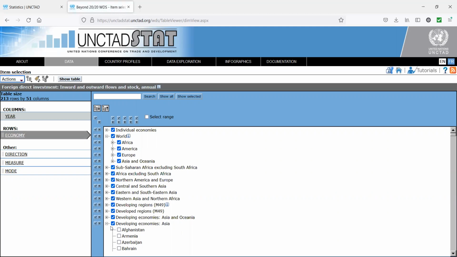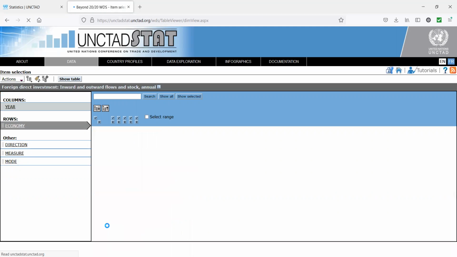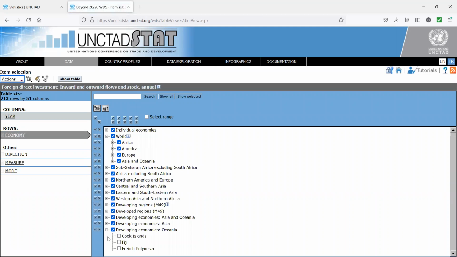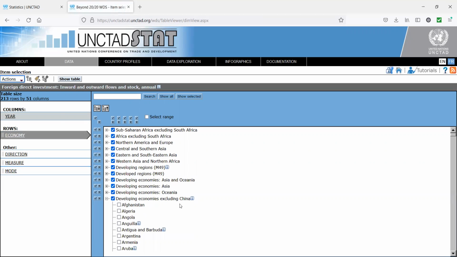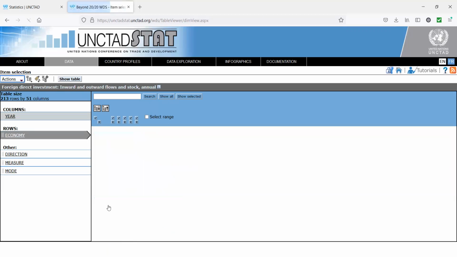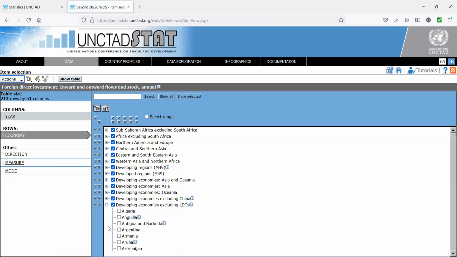You have developing economies in Asia. You have developing economies, we're talking about Fiji and French Peninsula. We have developing economies excluding China. We have developing economies excluding least developed countries. We have developed economies.